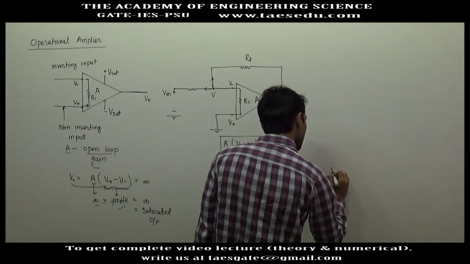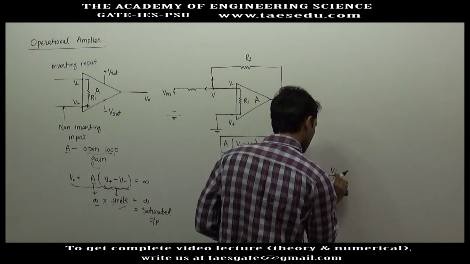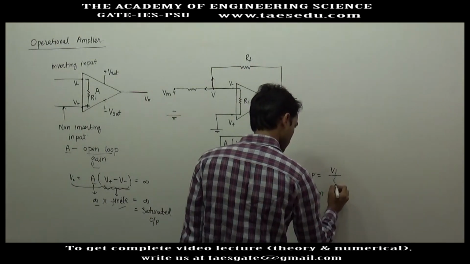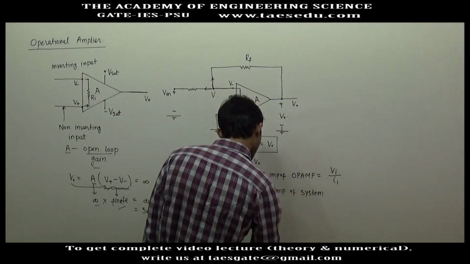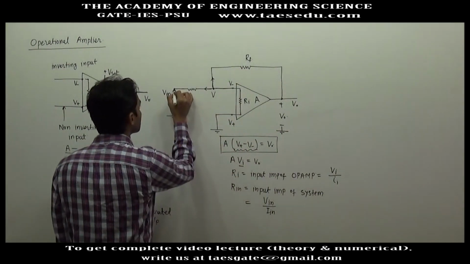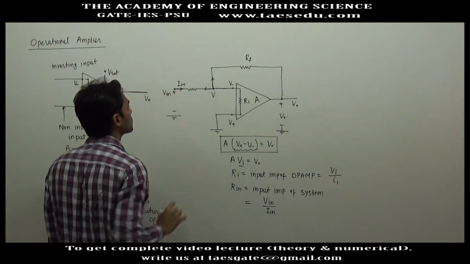Ri will be the input voltage to the op-amp divided by the input current to the op-amp. And the input impedance of the system will be the input voltage to the system divided by the input current to the system. This voltage divided by this current will make the input impedance.